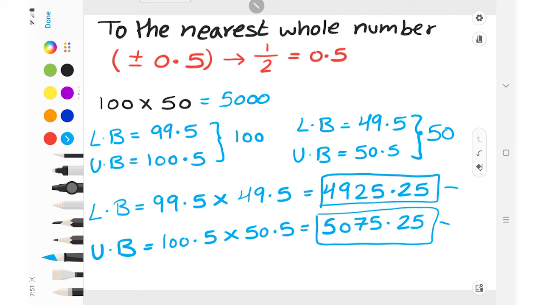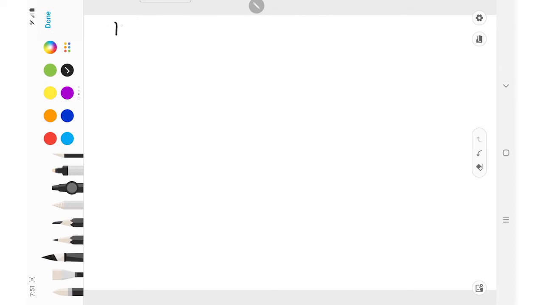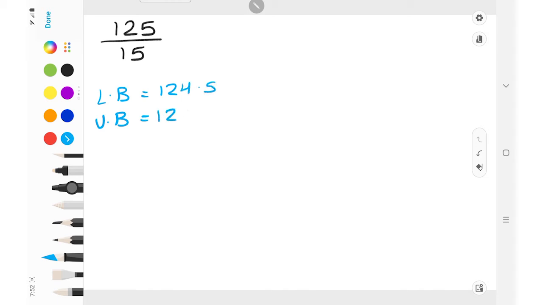So let's take another example. Let's take 125 divided by 15. The same thing, we'll find the lower and upper bound for the 125 and 15. The lower bound is 124.5, and 125.5 is the upper, for 125.